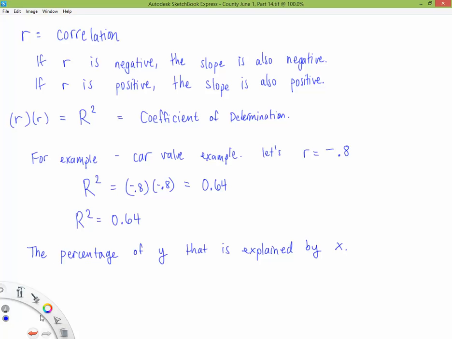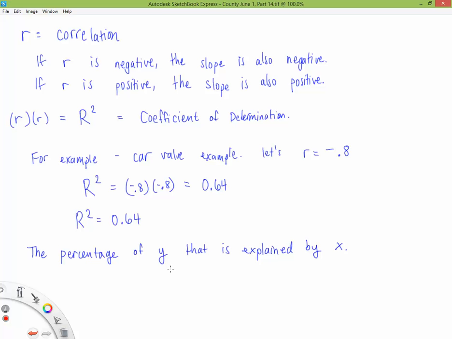So I'm going to put it in the context of this problem. When you resell a car, there's all sorts of things that factor into the price of the car. One of those things is age, but other things are the condition, the mileage, all sorts of other things. Does the AC still work? All of these different things factor into how much you're going to get for the car.